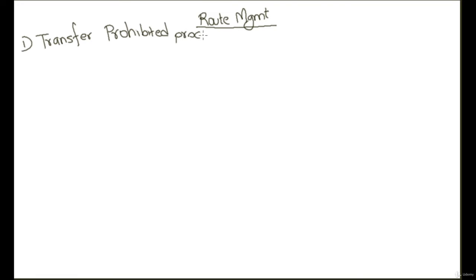In this procedure, the STP is going to tell other adjacent STPs that if suppose one link goes down, and because of that the other STP becomes inaccessible to this STP.